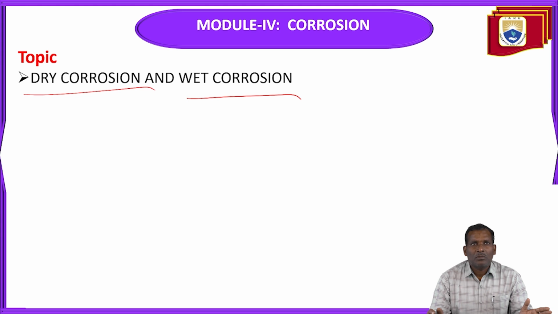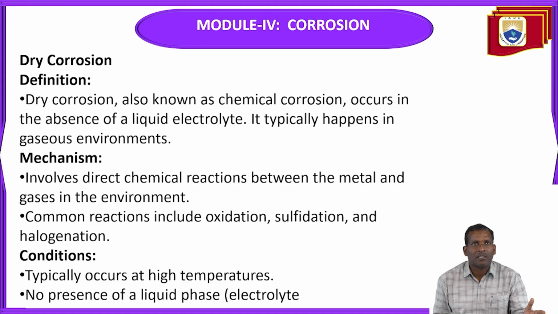These two corrosion types, dry corrosion and wet corrosion, are mostly involved in industries and our machinery components. Corrosion depends upon the surface, the type of metal and metal properties, and the type of environmental condition. All those things we will discuss here.